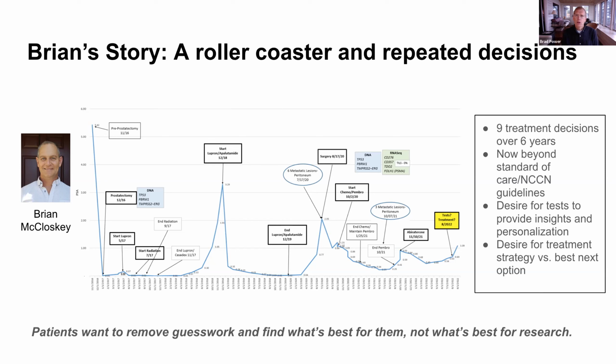He's about to undergo a surgery where he's going to get more tissue for more testing so that he can do functional testing and just send the tissue all over the place to get more information to guide his treatment. He could have gotten radiation to attack and debulk some of his metastatic lesions, but he chose to do surgery in part because it'll give him tissue for more guidance.